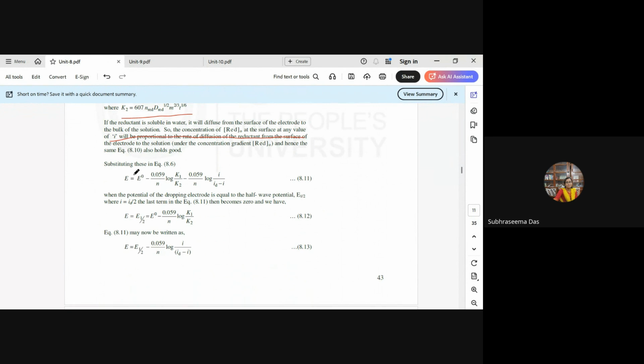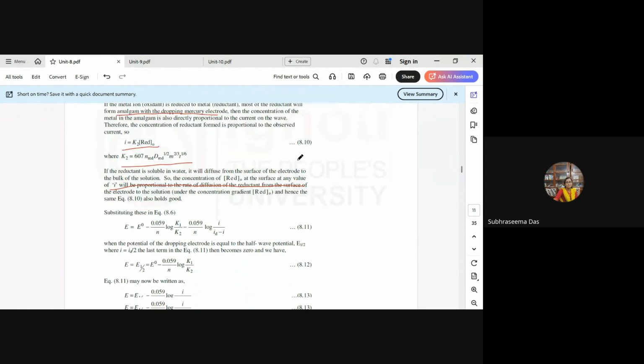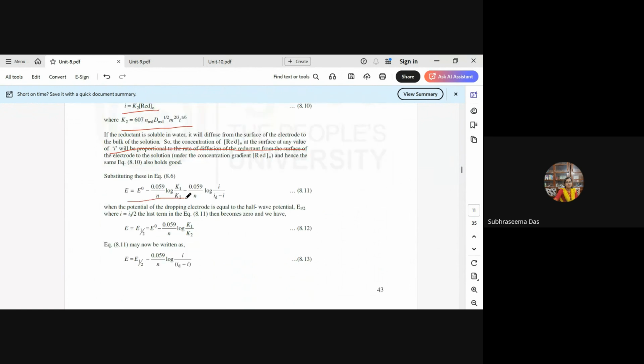Then substituting all these values in equation 8.6, we see that E becomes E0 minus 0.059/n log of K1 by K2 minus 0.059/n into log of I by (ID minus I).